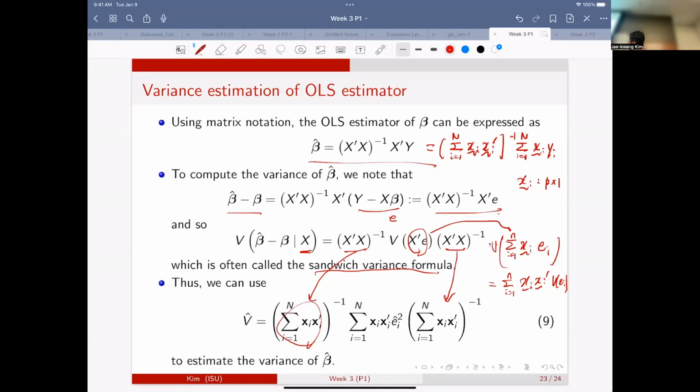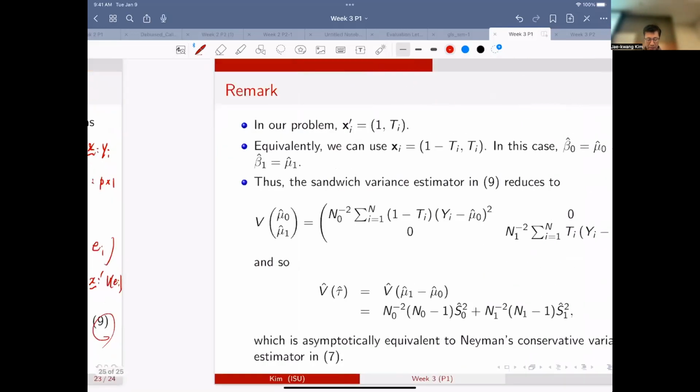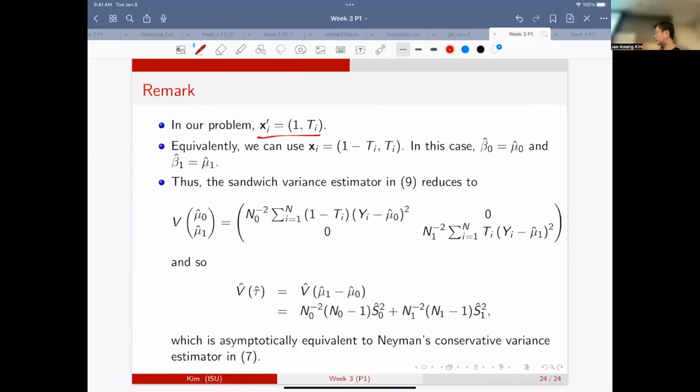So I just want to make the connection with this formula. How can we interpret this formula for this problem? Basically, this is our xi prime. So x is now a two-dimensional vector. This is our x. But this is not really convenient because these two columns are not orthogonal. So maybe a better way is to use orthogonalization.